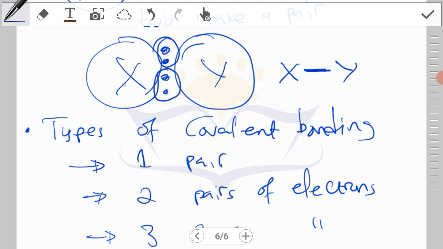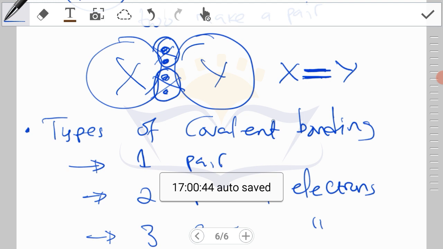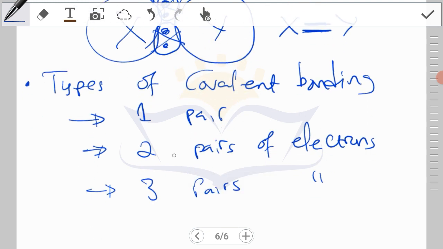They are shared between X and Y. Ngati tikugwiritsa ntchito line kupanga represent pair imodzi, ndiye kuti tikhoza kuonjezera line ina to represent the other pair of shared electrons. Ngati mmene taonera apa pakuti a covalent bond can be taken up by 2 pairs of electrons.